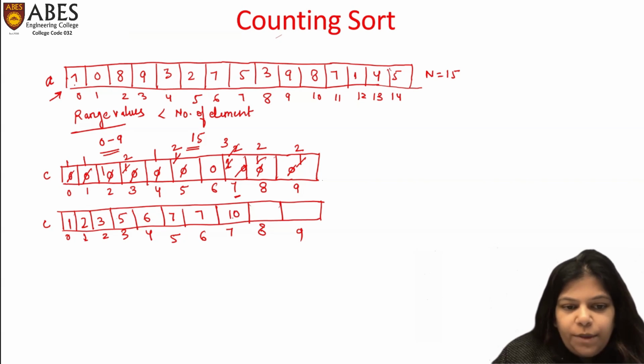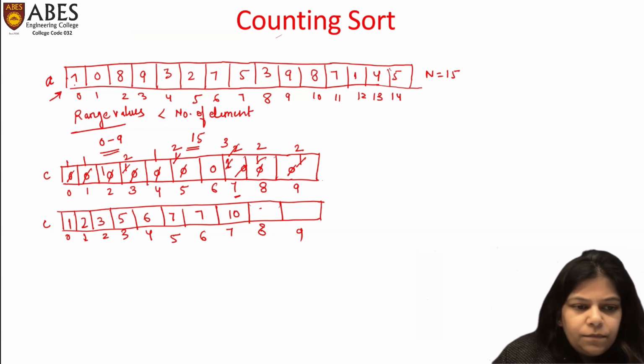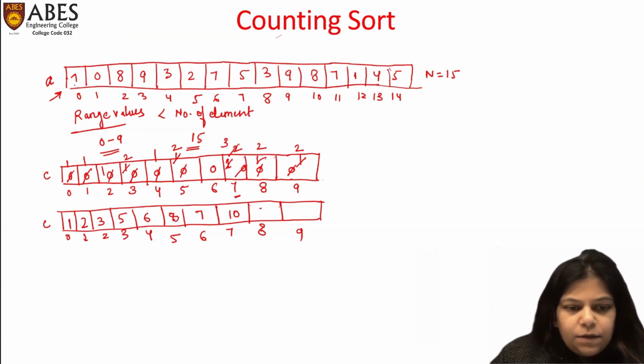So for 7, this value will be 10. For 6, this will be 8. Then this will also be 8. This will become 11. This will be 13.